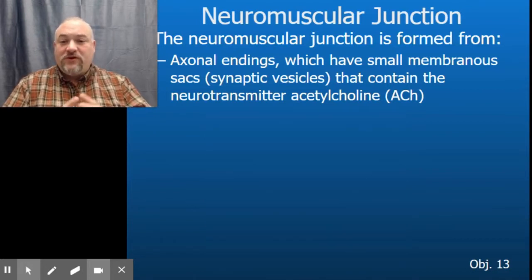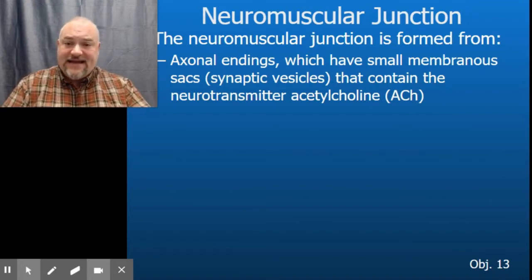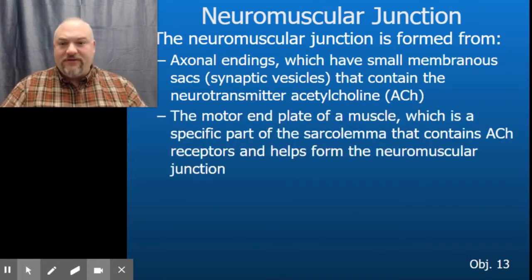These synaptic vesicles will contain the neurotransmitter known as acetylcholine, which we'll abbreviate ACh. That neurotransmitter, it means it's just a molecule that's able to transmit a signal from one nerve to another nerve, or from a nerve to whatever it's going to stimulate, in this case, a muscle. Okay, it's a molecule that can carry that message, so to speak. It's a signaling molecule. Okay.